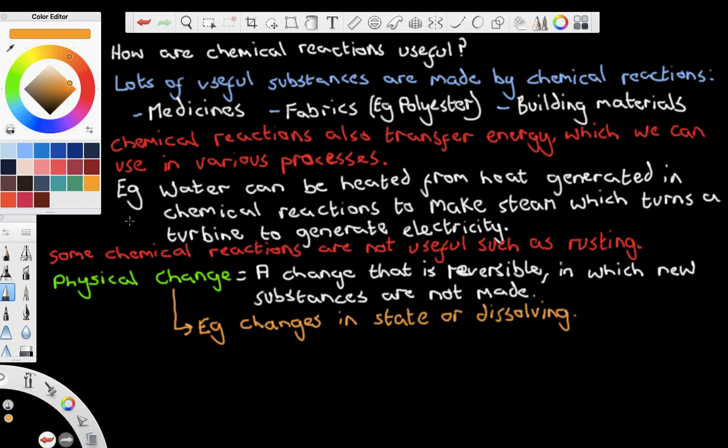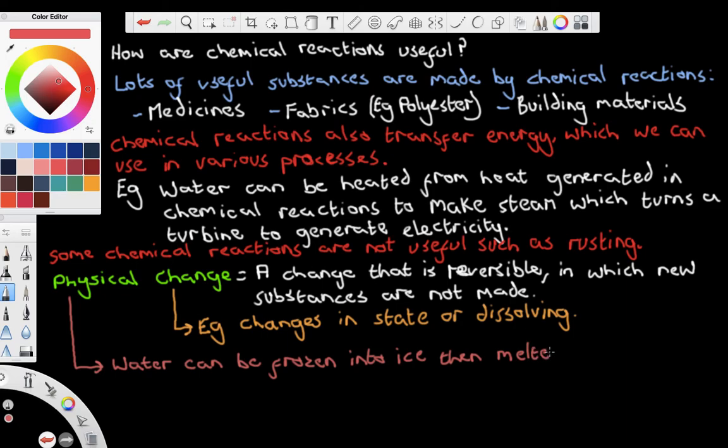So we can say that water can be frozen into ice, then melted back into water.